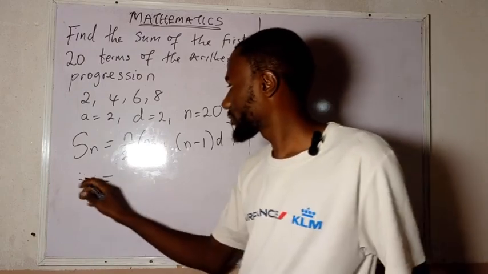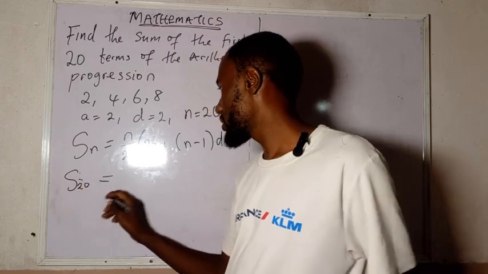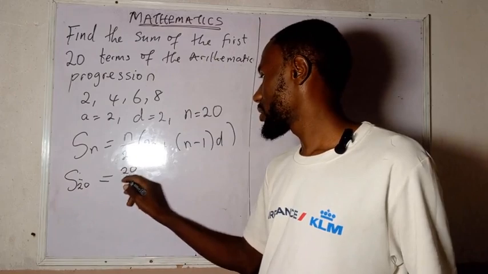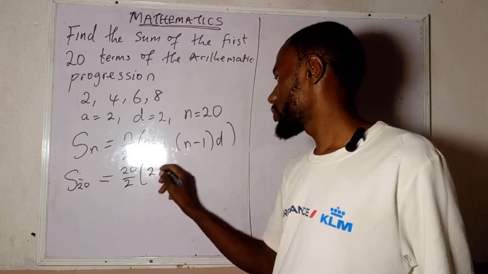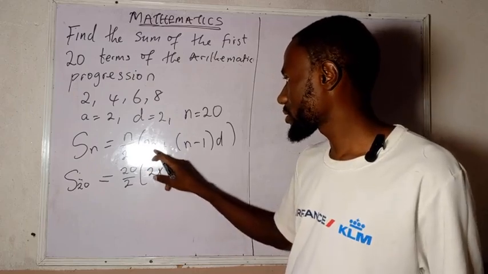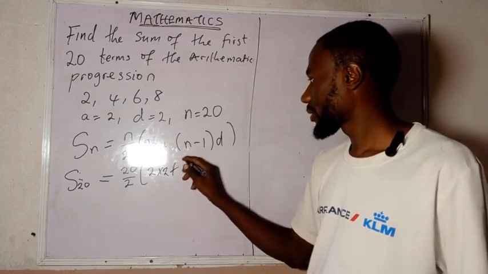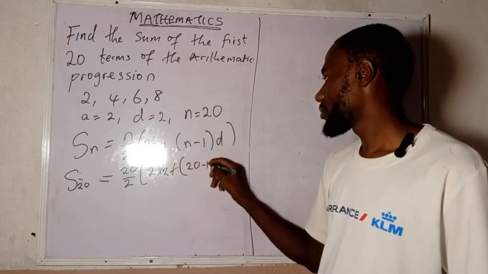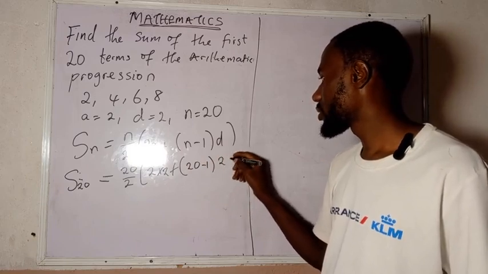And now, S20 is equal to n, which here is 20, all over 2, open bracket 2 times the first term, which here is 2, plus n, which is 20 minus 1, times the common difference, which is 2 also.